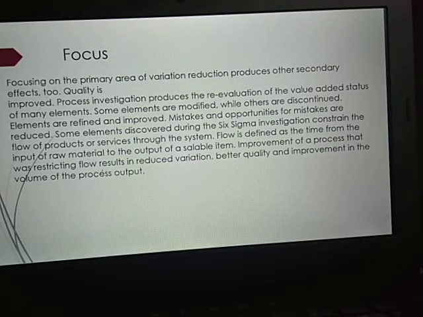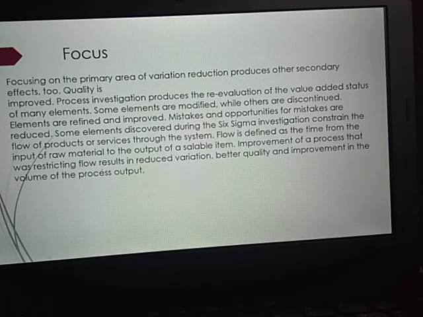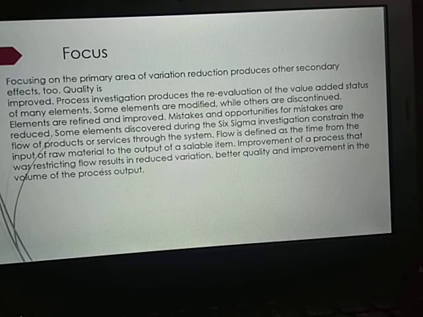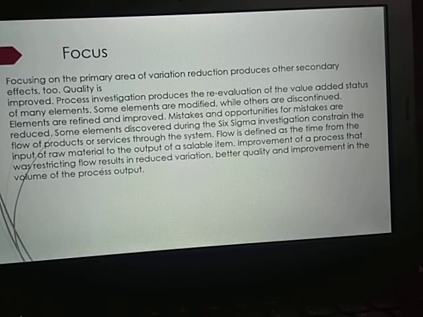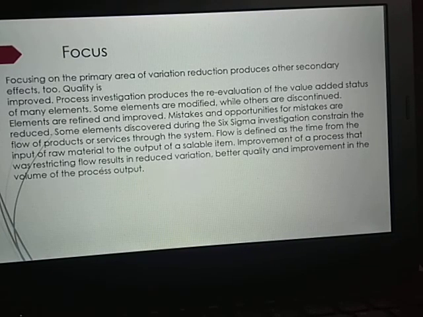Focus. Focusing on the primary area of variation reduces process variation and has other secondary effects too. Quality is improved. Process investigation reveals the value-added status of many elements. Some elements are modified, while others are discontinued.